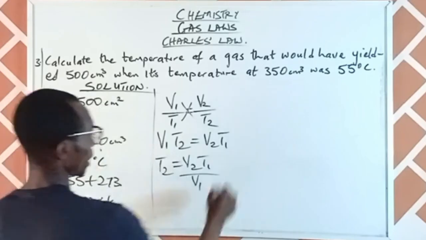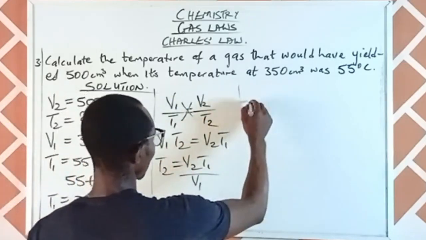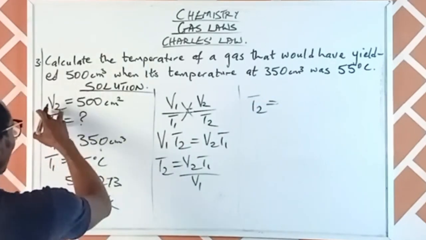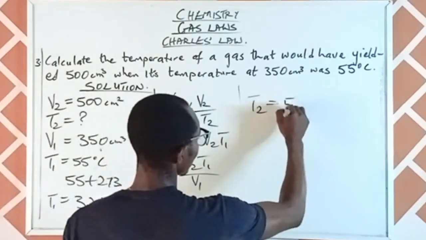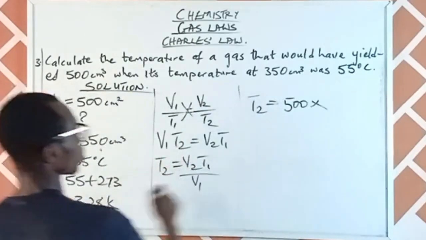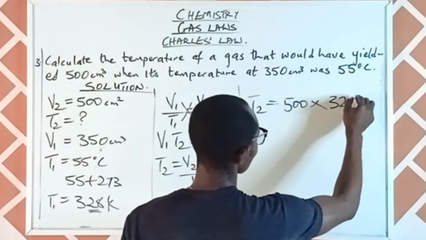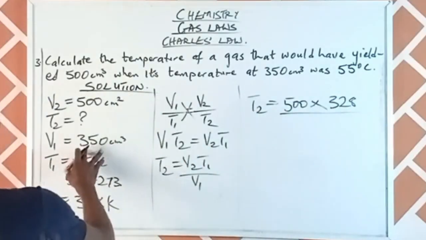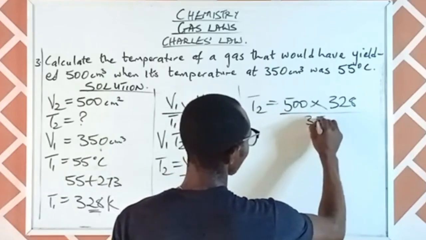If you get to this point here, all you need to do now is to input your parameters. So we have T2 equal our V2, 500 multiplied by our T1, which is 328 divided by our V1. V1 is 350 centimeter cube.